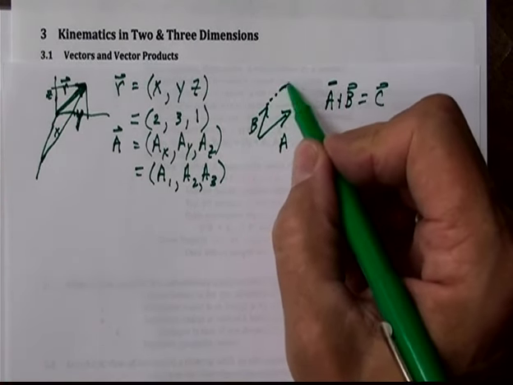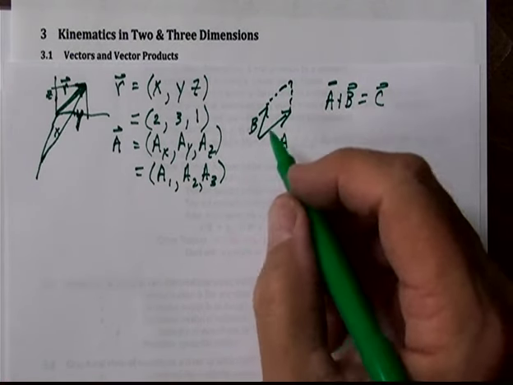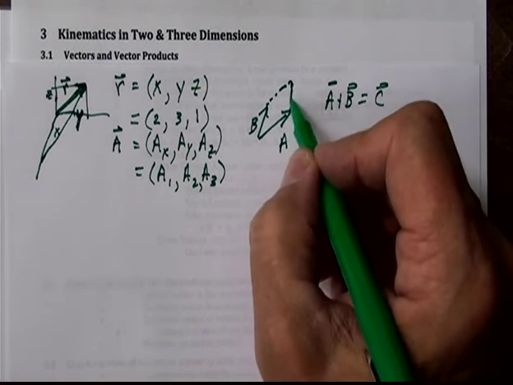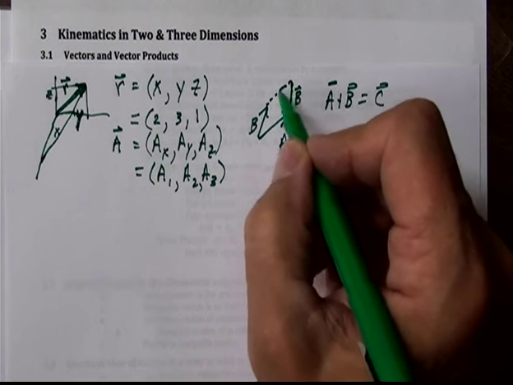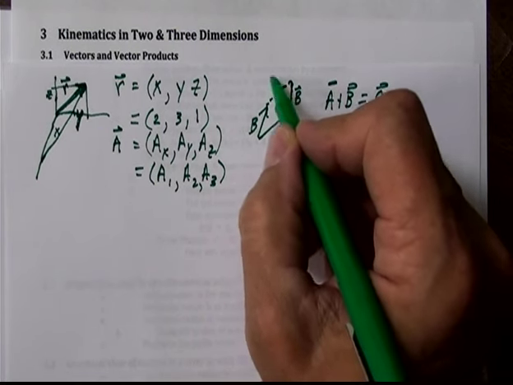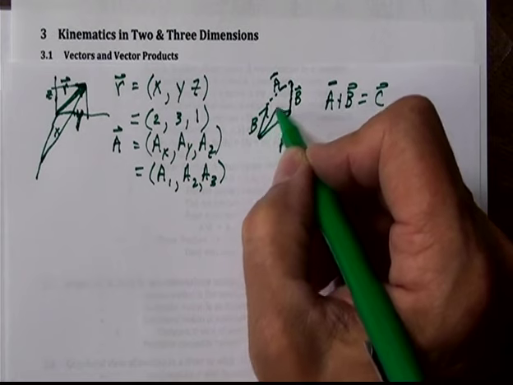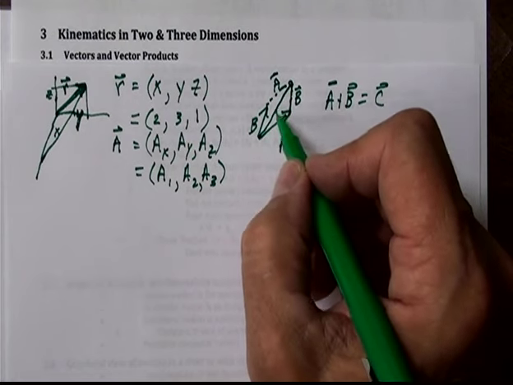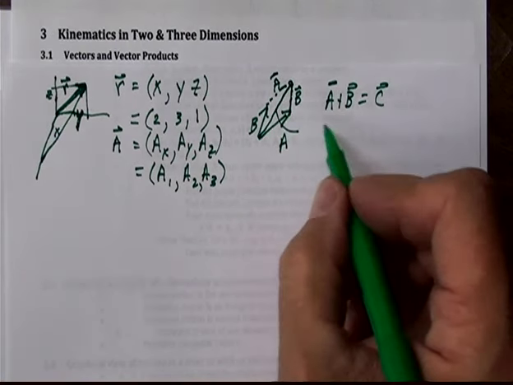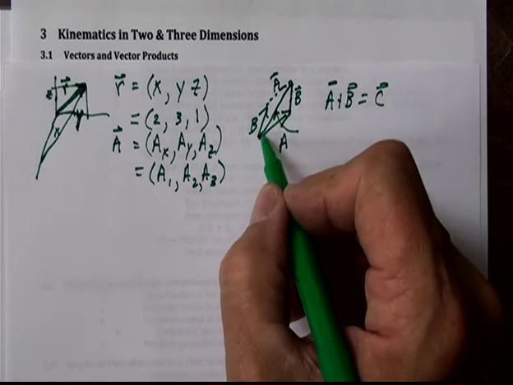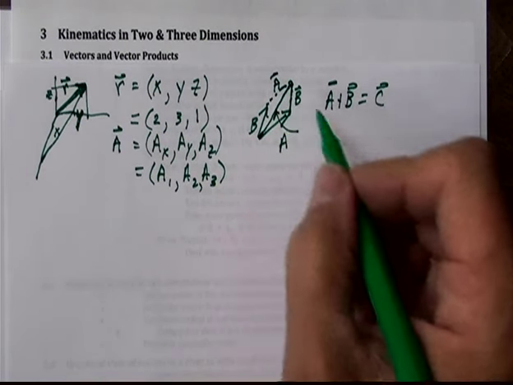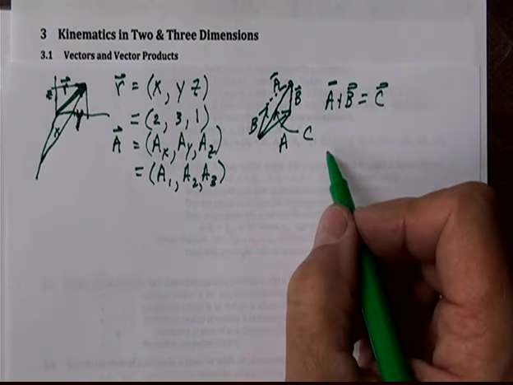Well, in the early versions we construct a parallelogram so that we put the vector b over here, or we can put the vector a up here. And you can see that this forms a parallel construction, a parallelogram, such that the vector that goes from the beginning to the very end is the vector c.